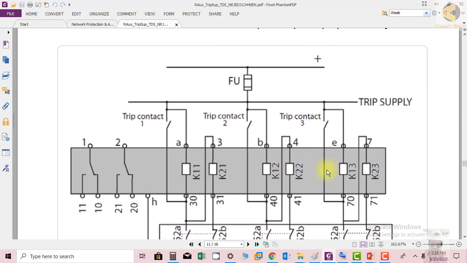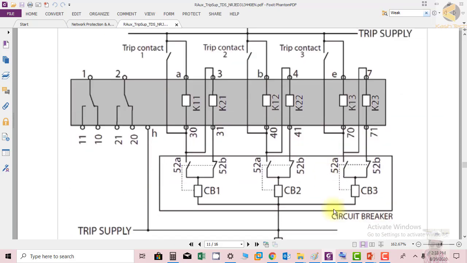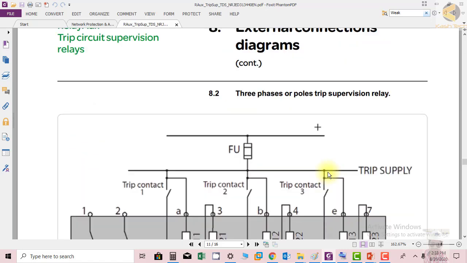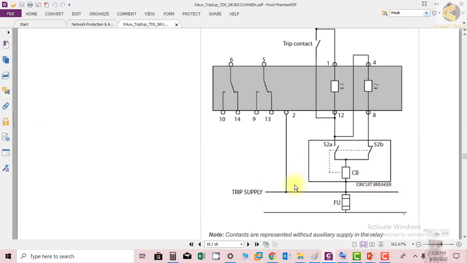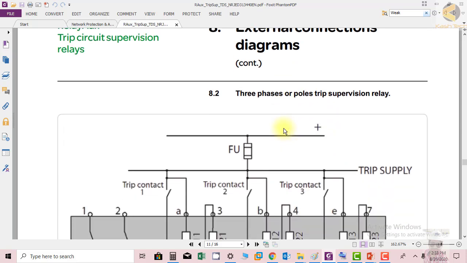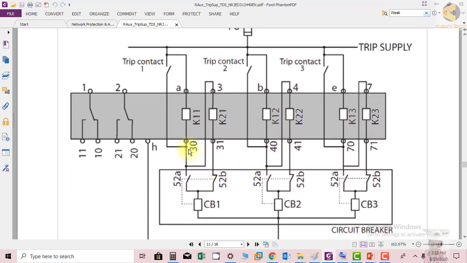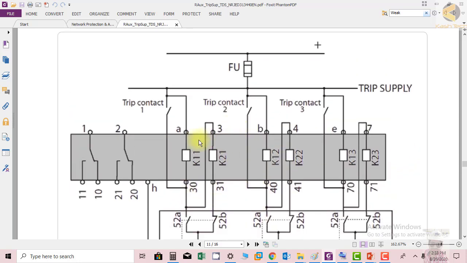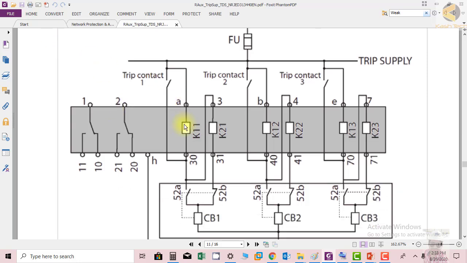And again, the external diagram, how they are connecting the relay. This relay has a single pole mechanism, and this shows how you will connect the relay with a 3-pole mechanism. So each pole has a separate trip coil, so you will have to buy another relay, and you will connect the wiring as per this diagram.